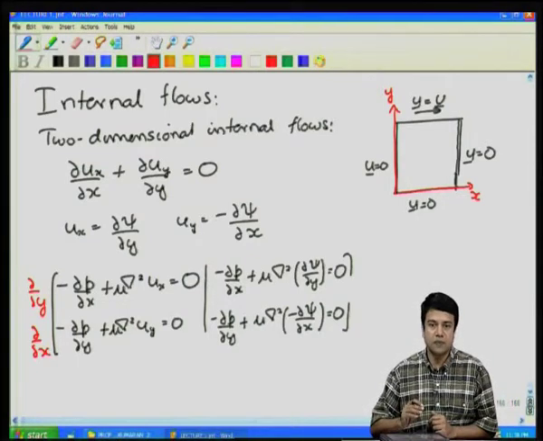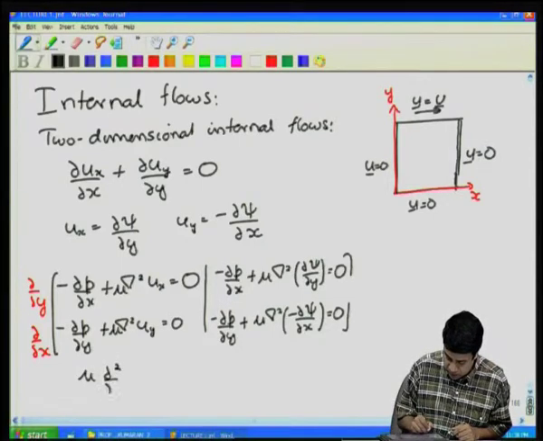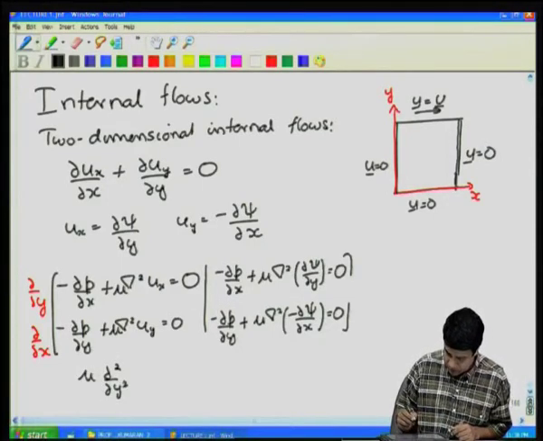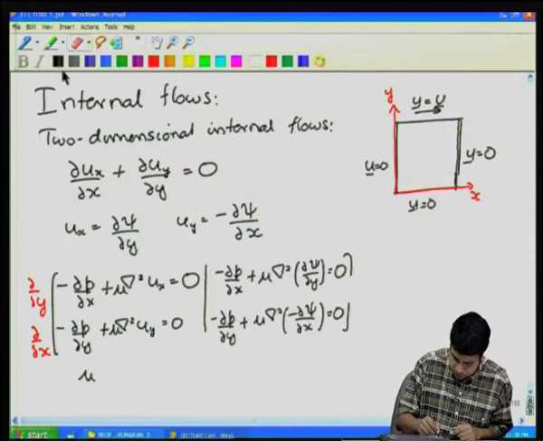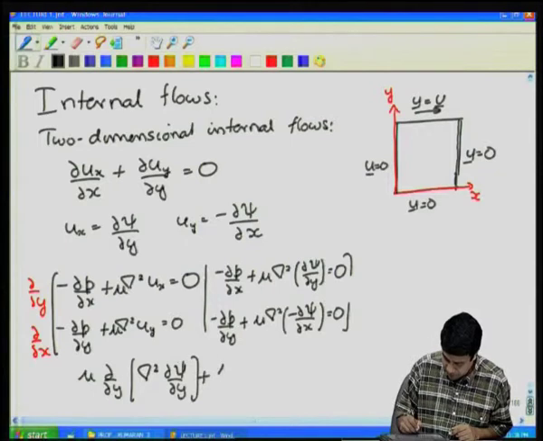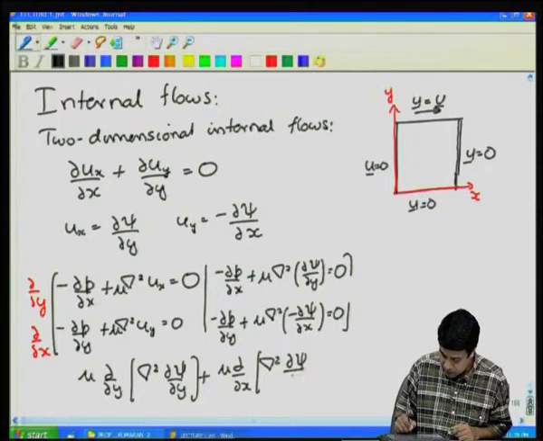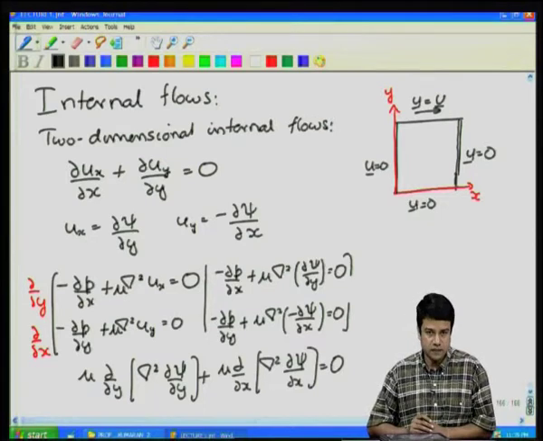Therefore, the second derivative of p with respect to x and y cancels out, okay, and I will get an equation of the form mu partial by partial y of del square partial psi by partial y plus mu partial by partial x of del square partial psi by partial x is equal to 0. Okay. So, that is the final equation I get for the stream function.